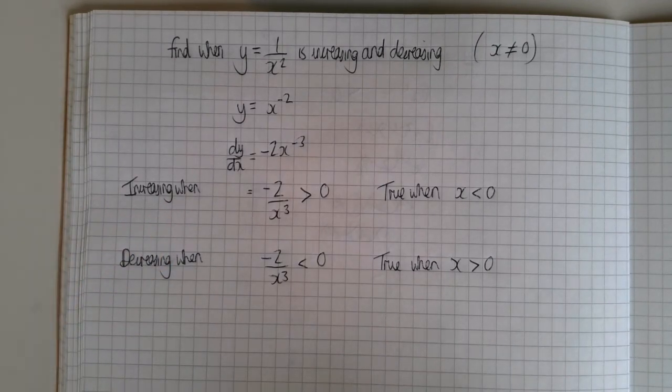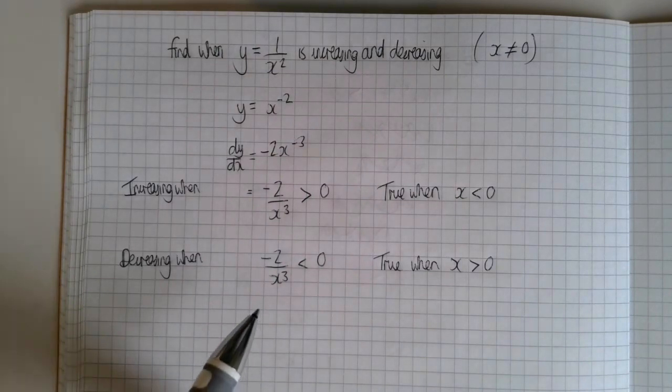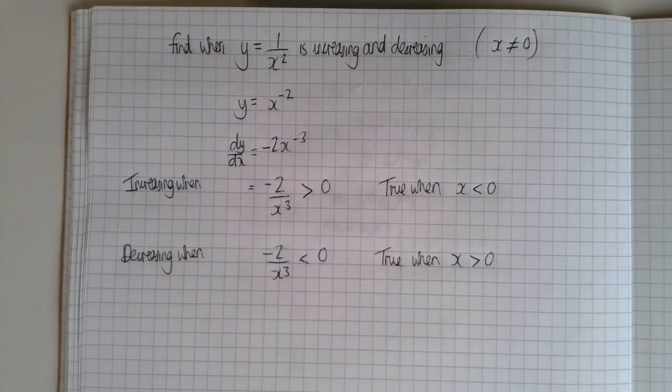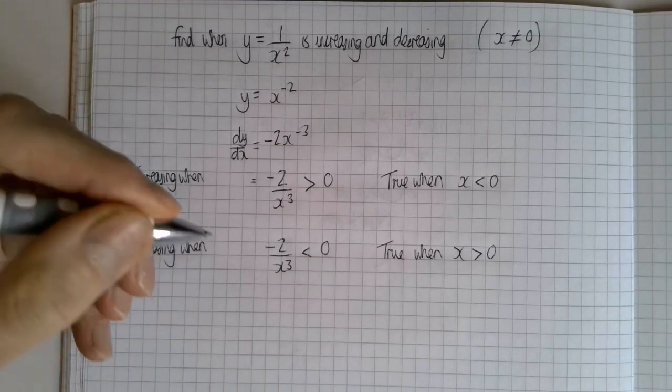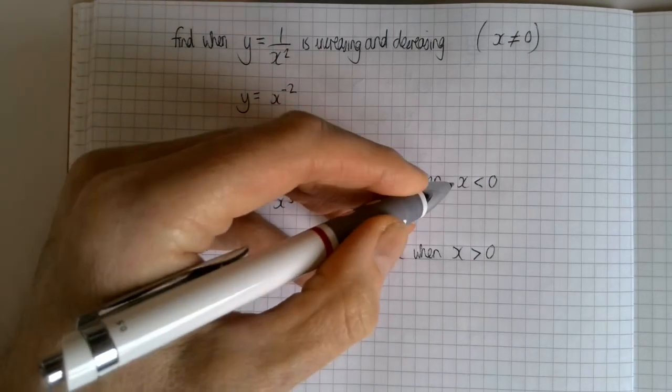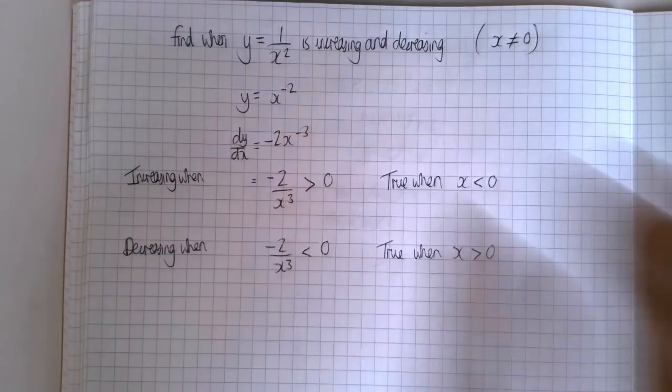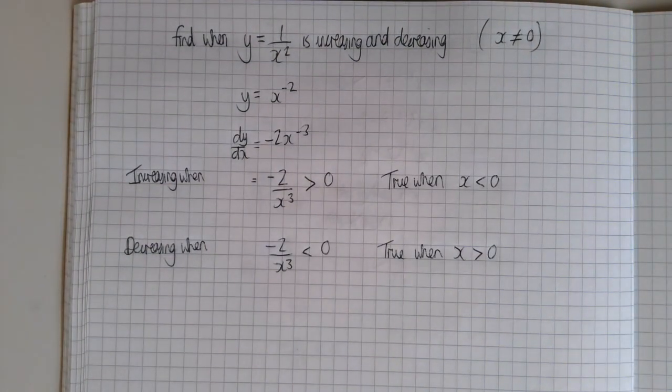So don't forget that sort of common sense approach to problems like this. That's a perfectly valid way of doing it. So of course I want to state my final answer. It's increasing when x is less than 0, decreasing when x is greater than 0. X can't actually be equal to 0 itself.